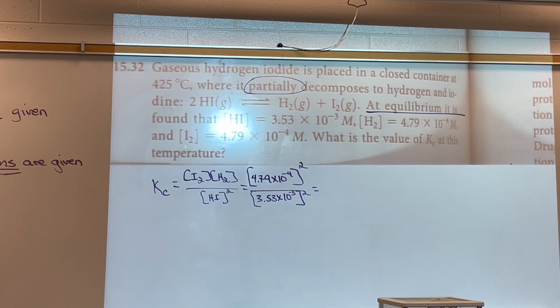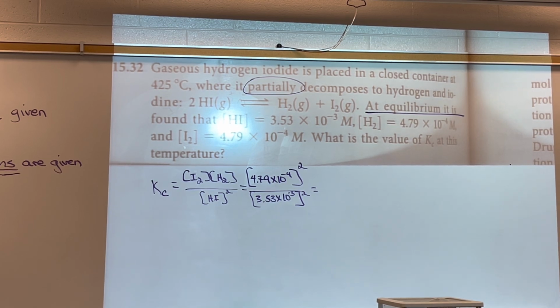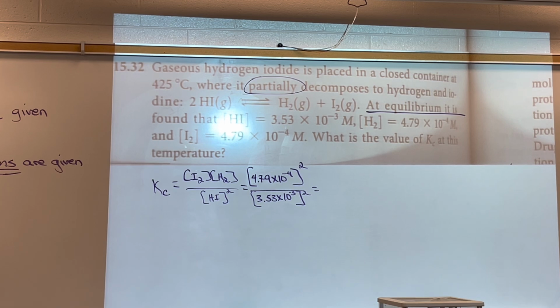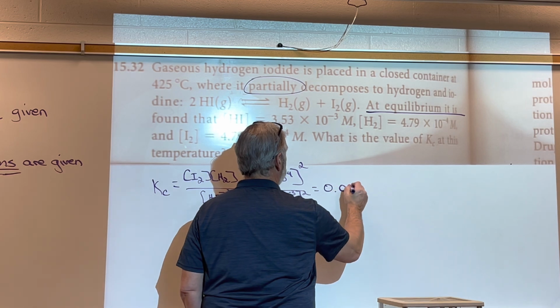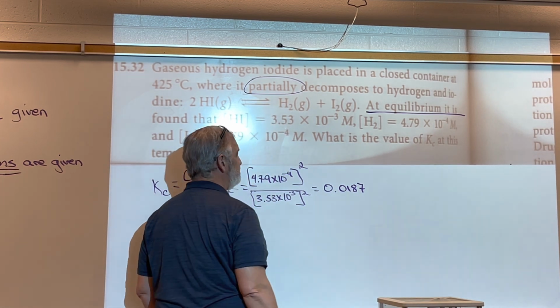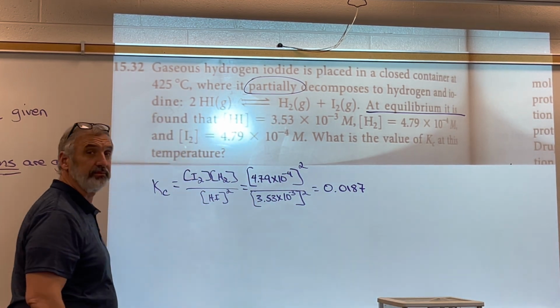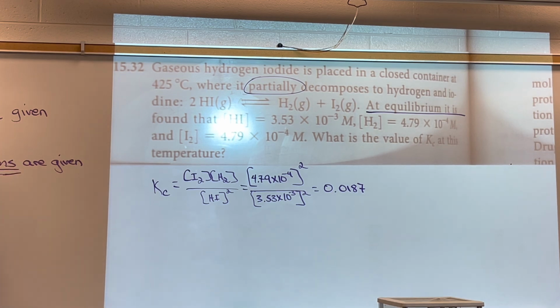Did you get it? Okay, now Olivia's asking a question. I was just making sure she got the satisfactory answer. And apparently she did. Okay, what do we get? 0.0187. And what would the units be on that? They cancel out. There'd be no units, right? Because molarity squared divided by molarity squared, no units.